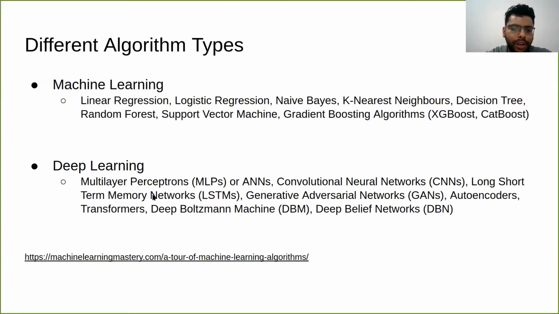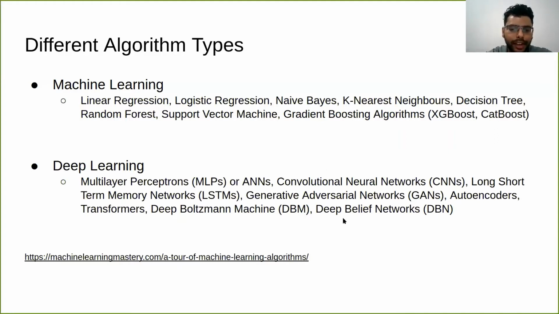Then we have long short-term memory, which works with textual data. Then we have generative adversarial networks, where we can solve generation-type problems, like generating the filters or a cartoon image of a particular face and so on.